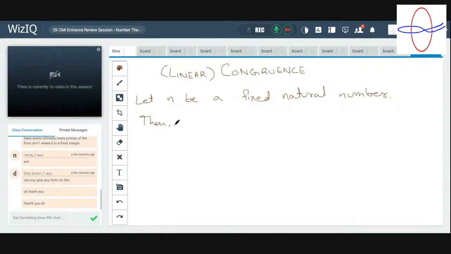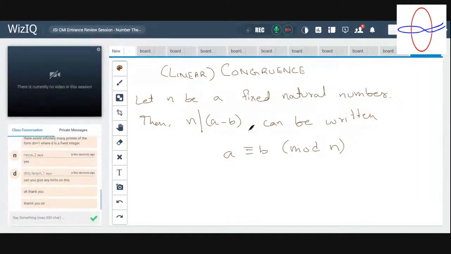Then n divides a minus b can be written as a is congruent to b modulo n. Okay, so this is what this symbol is read as. a is congruent to b modulo n.